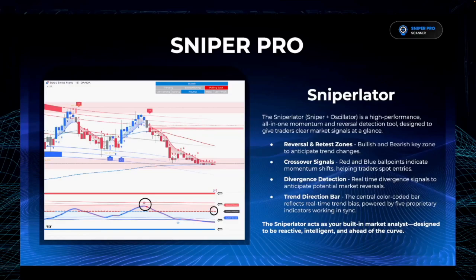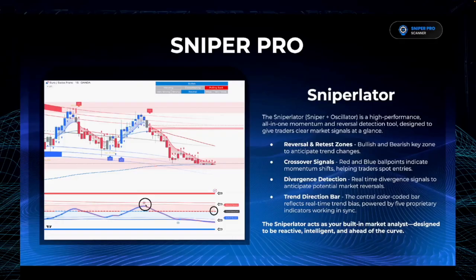And then we also have our real-time divergence detector. You will notice that this bullish and bearish divergence detector will repaint a lot because it's not designed to show you previous divergence. It's designed to show you real-time divergence. A simple way of understanding divergence is knowing when price and the oscillator are making opposite highs and opposite lows.